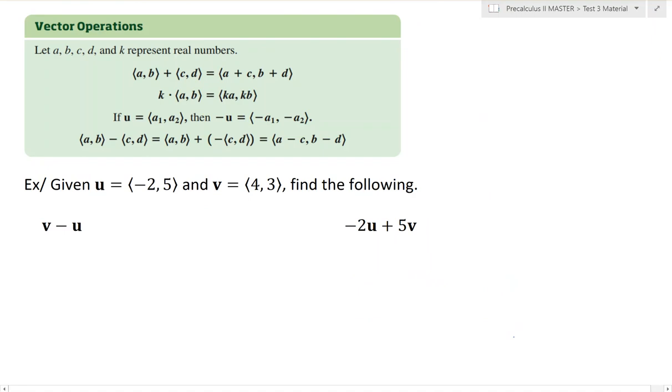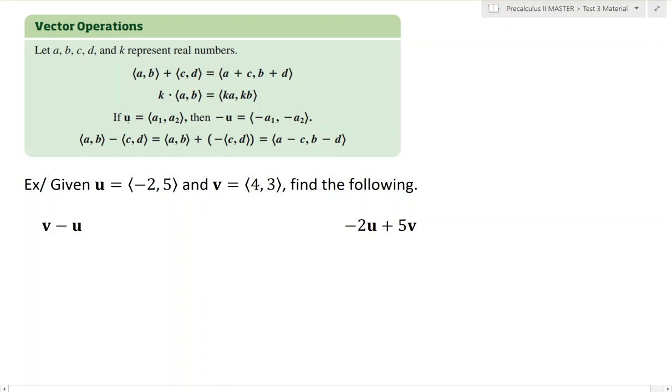Vector operations are very simplified when we're talking algebraic form. If we let a, b, c, d, and k represent real numbers, we have angle brackets a, b plus c, d equals, we're just adding the horizontal components and adding the vertical components, and that's your new vector. k times a, b means a and b both get multiplied by the constant k.